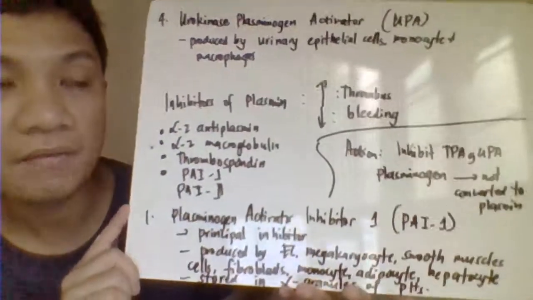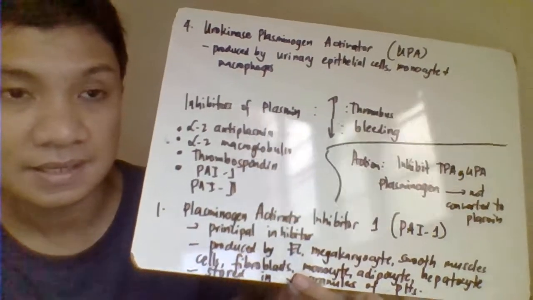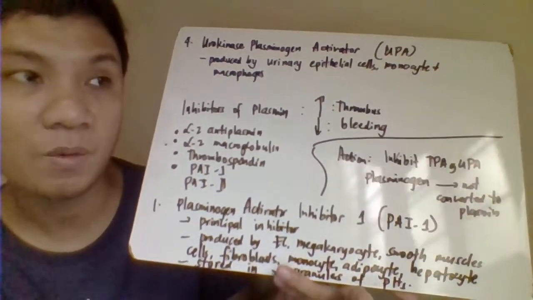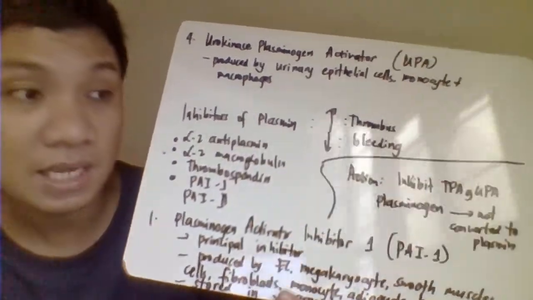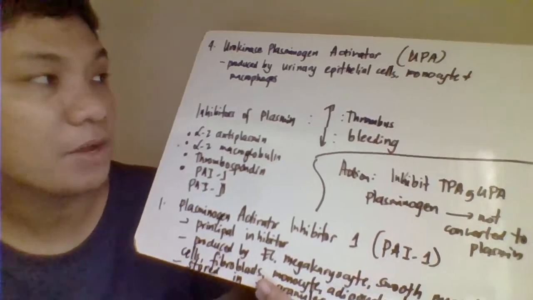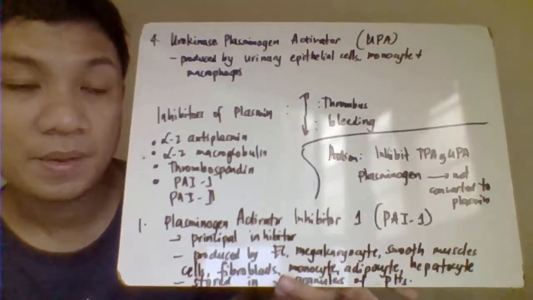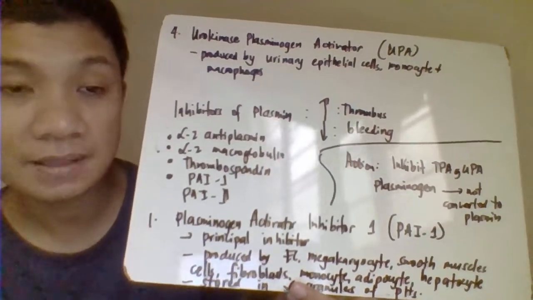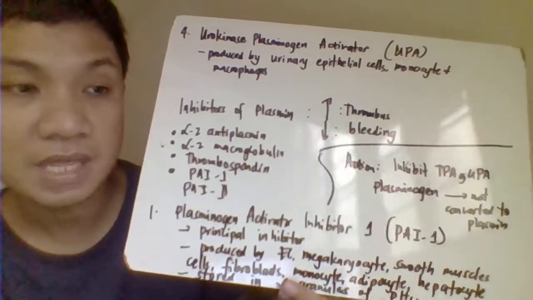Okay, another one, we have here your UPA or your urokinase plasminogen activator. So, this one is being produced by our renal epithelial cells, kaya nga sinabing uro. Uro meaning to say kidney. This one is also being produced here by your monocytes, macrophages. Okay, so this also eventually tends to convert or activate our plasminogen, converting that one to your plasmin.